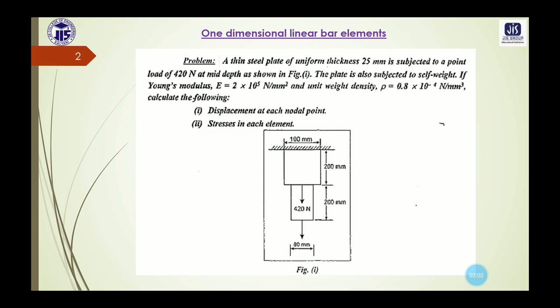If Young's modulus is 2 into 10 to the power 5 Newton per millimeter square and unit weight density rho equals 0.8 into 10 to the power minus 4 Newton per millimeter cube, then we need to calculate the displacement at each nodal point and the stresses in each element.